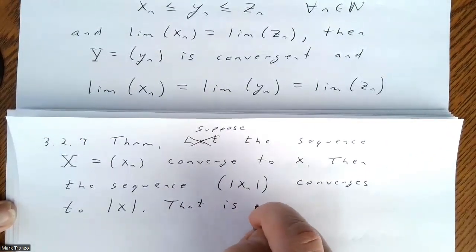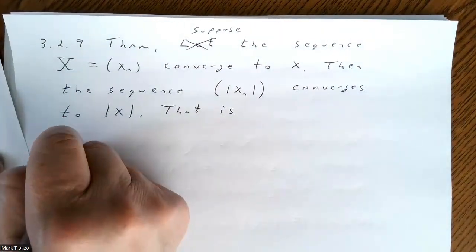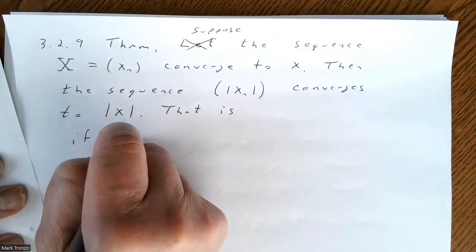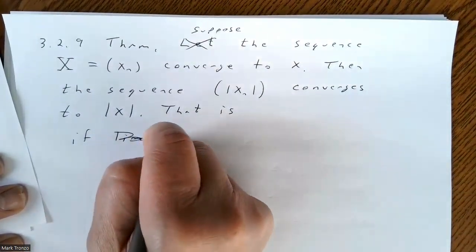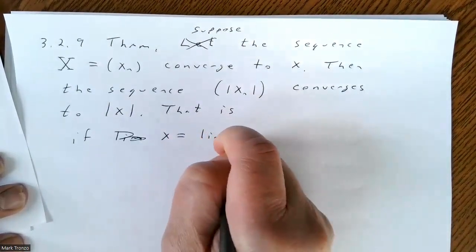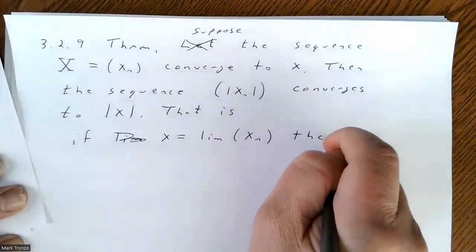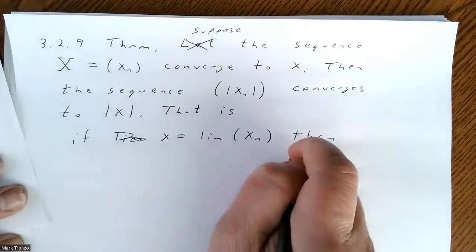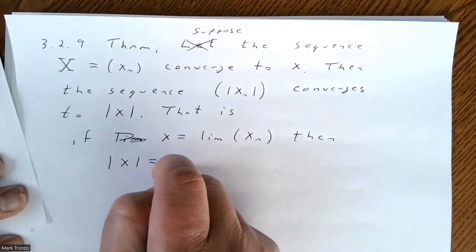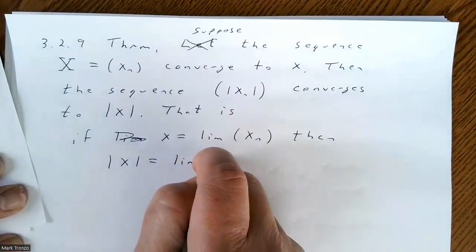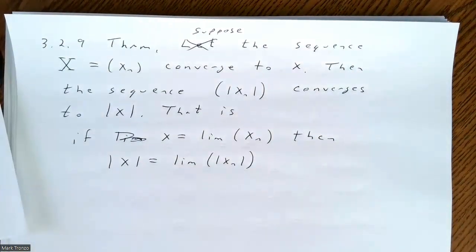That is, if X equals the limit of Xn, then the absolute value of X is equal to the limit of the absolute value of Xn.